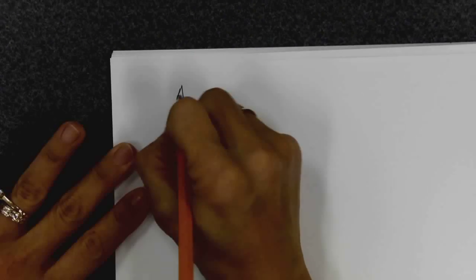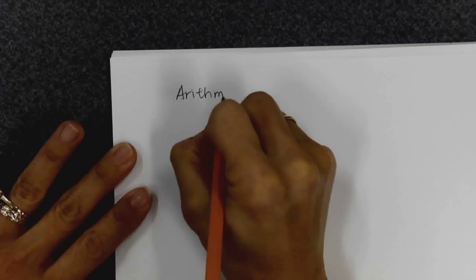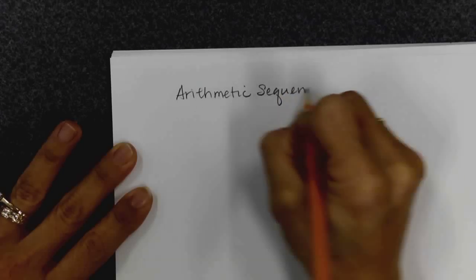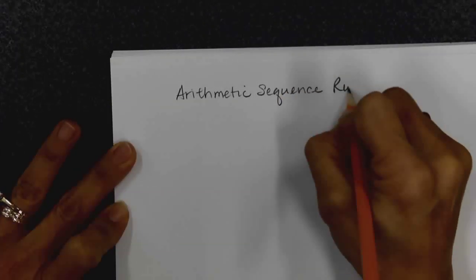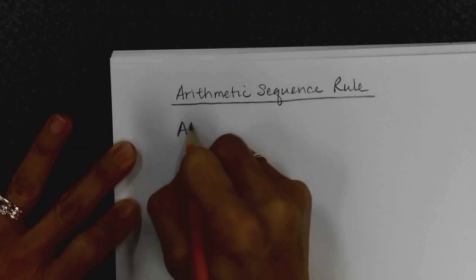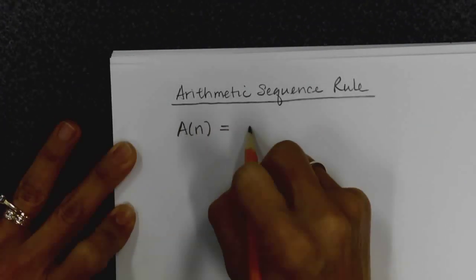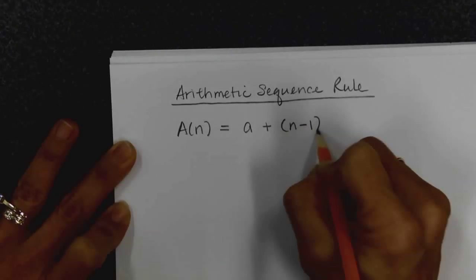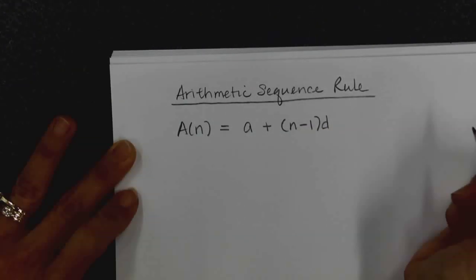We are also going to be writing an arithmetic sequence rule, which is given by a of n equals a plus n minus 1 times d.